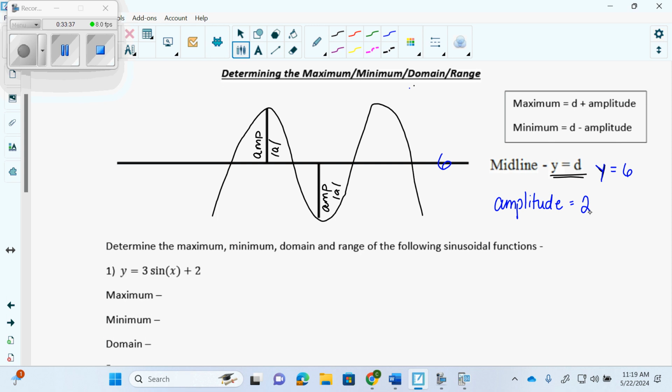Is it like D plus amplitude? Yeah. So this is the amplitude. If the amplitude is 2, and I do D plus the amplitude, what am I going to get to? The maximum, which is 8.